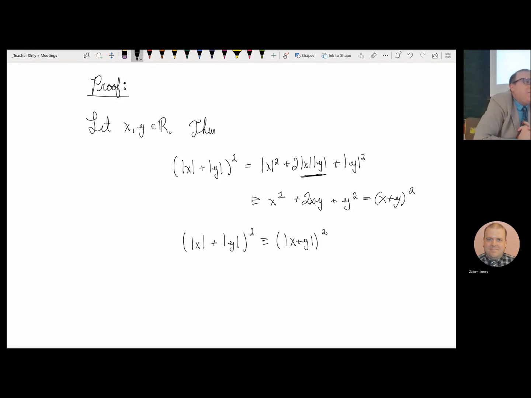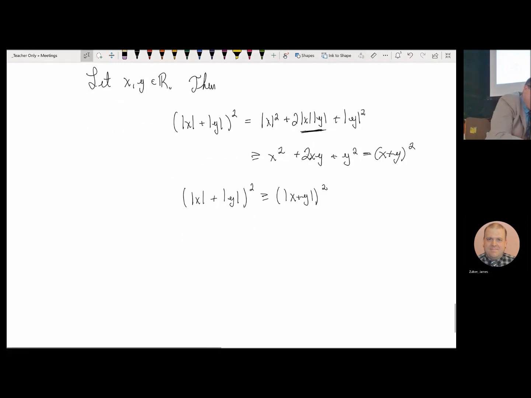The absolute value of something squared is equal to whatever it is squared, right? Absolute value of 4 squared is equal to 16, which is just 4 squared. Means absolute value of x plus absolute value of y has to be greater than or equal to absolute value of x plus y, which is the triangle inequality.